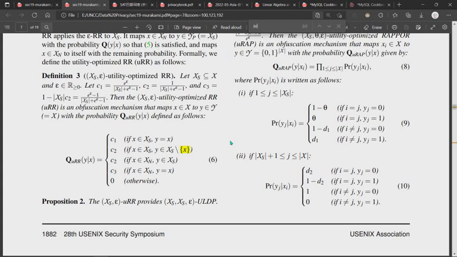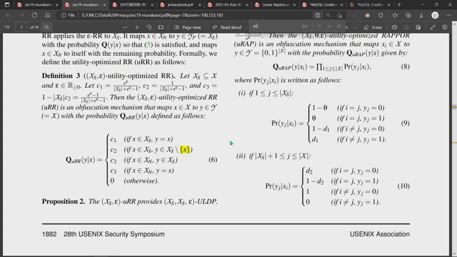If this is C3, then epsilon is 0 and minus 1, because what C3 represents is basically C3 minus C2.